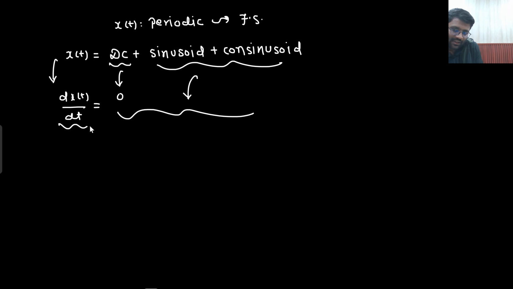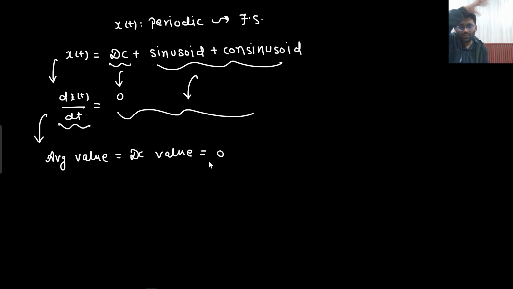So if I ask you what is the average value of dxt by dt? Average value means DC value. What is that? That is 0. So from here, what is the conclusion you are making?